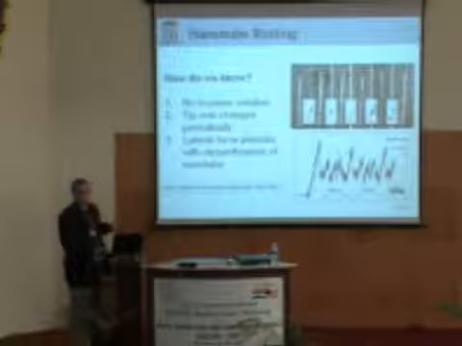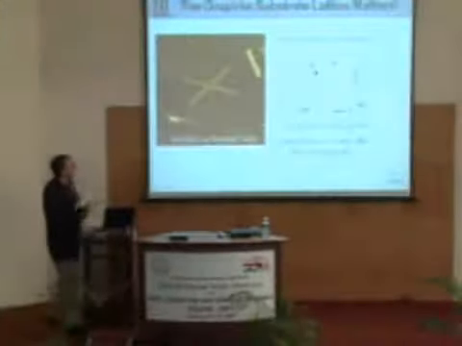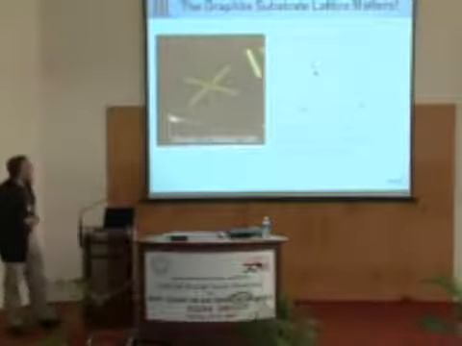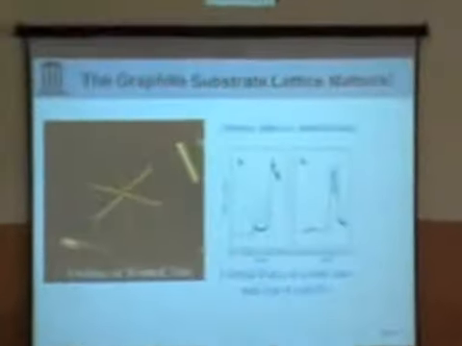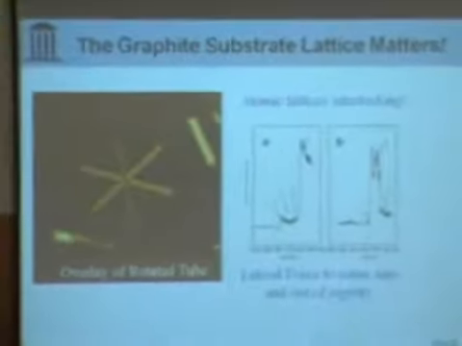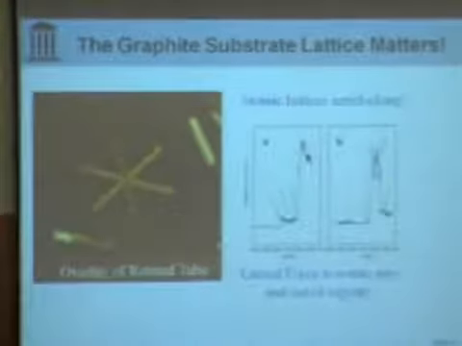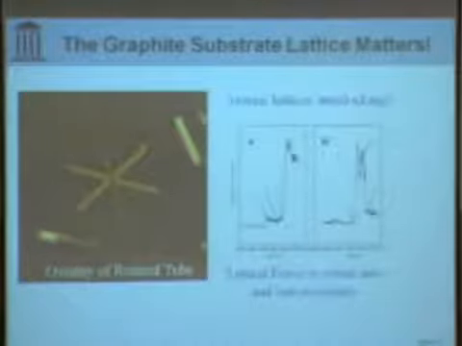Now this does not necessarily mean yet that we're seeing atomic lattices interacting with each other. Well, this is the first hint that this is what we're seeing. When we just do imaging with the atomic force microscope of the nanotube on the surface, what you find is that stable images only occur when the nanotube is lined up along these directions. So this image here is a composite, an overlay of 3 separate images.